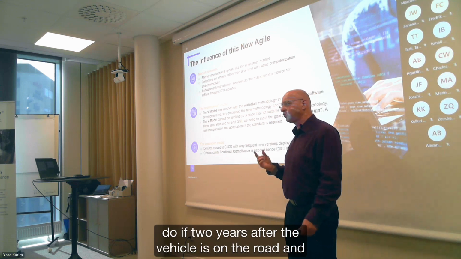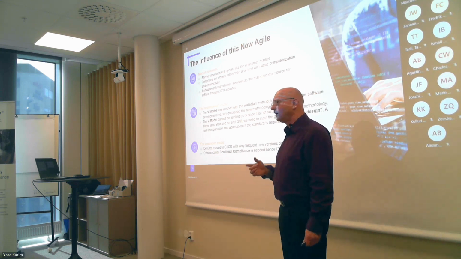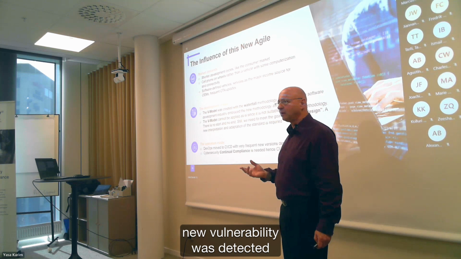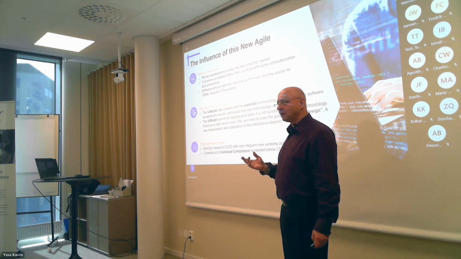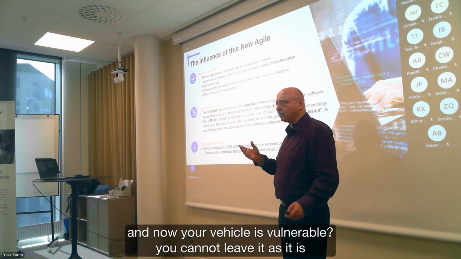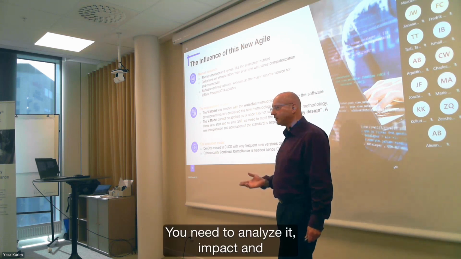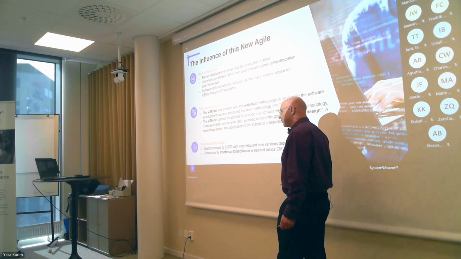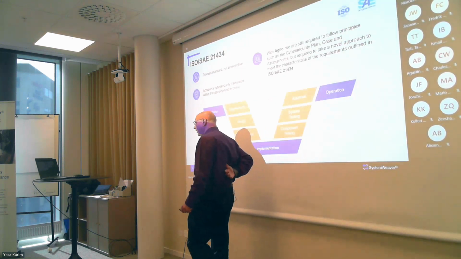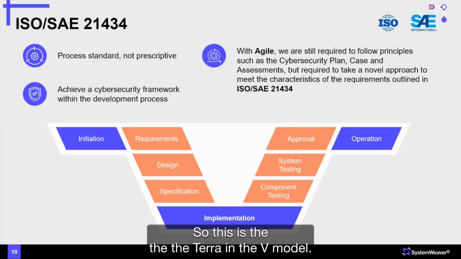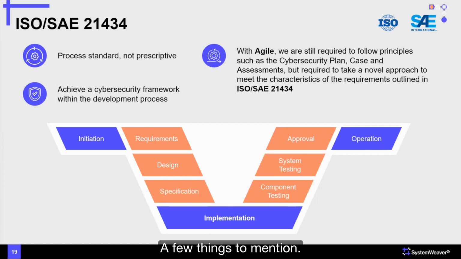What do you do if 2 years after the vehicle is on the road, a new vulnerability was detected, and now your vehicle is vulnerable? You cannot leave it as it is. You need to take action. You need to analyze it, the impact, and reach a decision. So this is the TARA in the V model. A few things to mention.